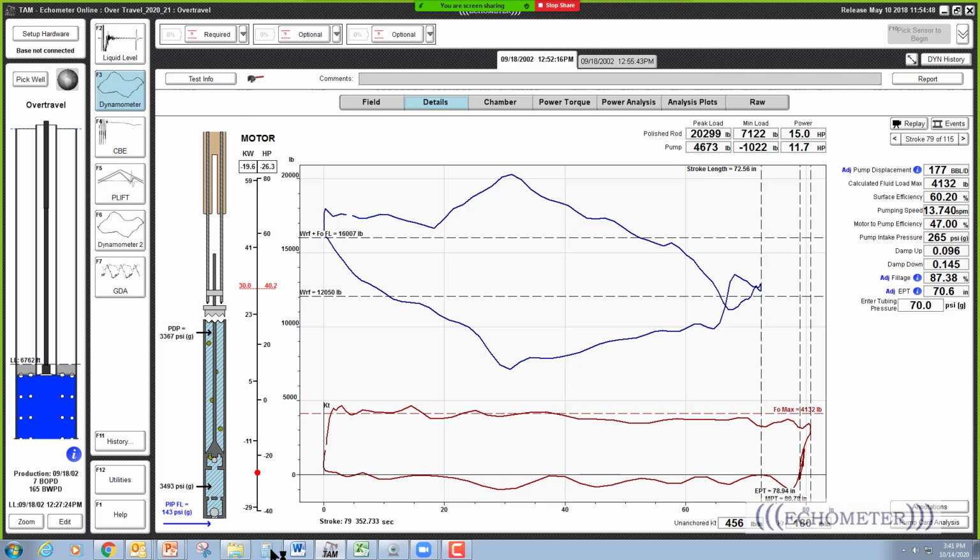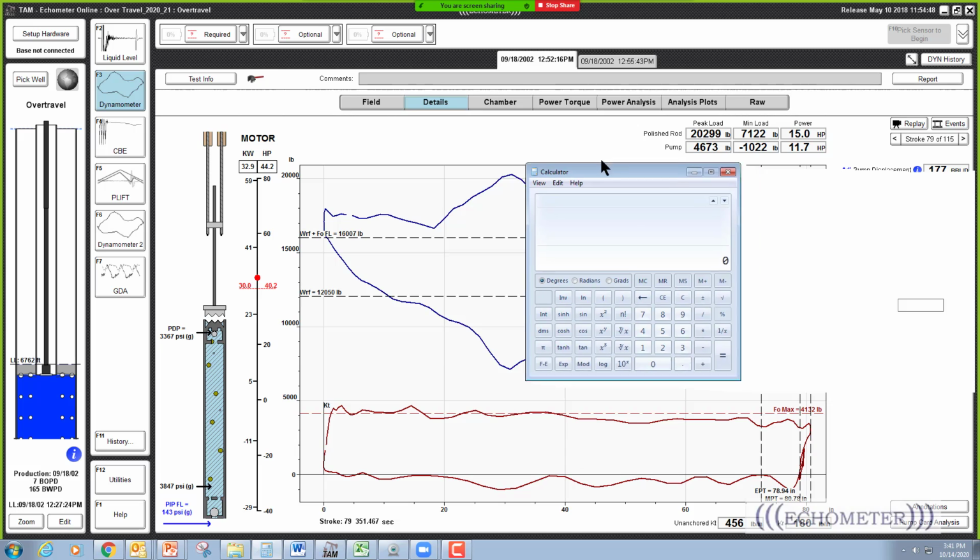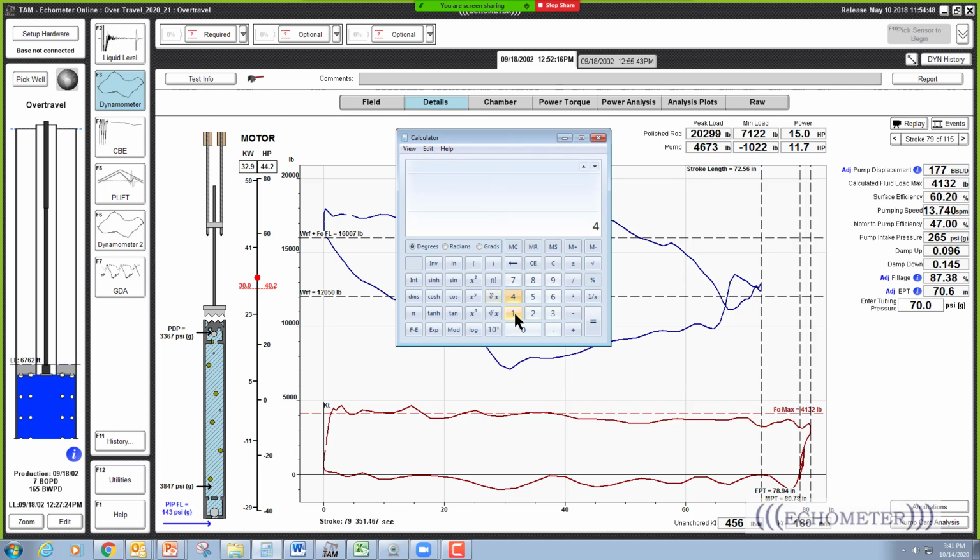Let's just do it here. We take 4,132 pounds and divide by the spring constant, 180. That means that's 51 inches.